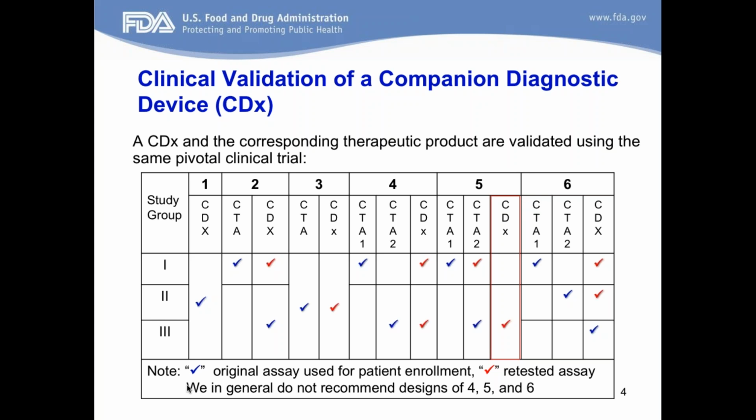Basically they involve double bridging because you have two different versions of CTA. And we typically do not recommend using this study design because every time you do the bridging, you basically lose some efficiency, and so it's not a very efficient design.